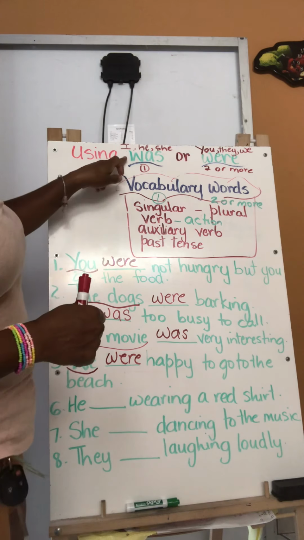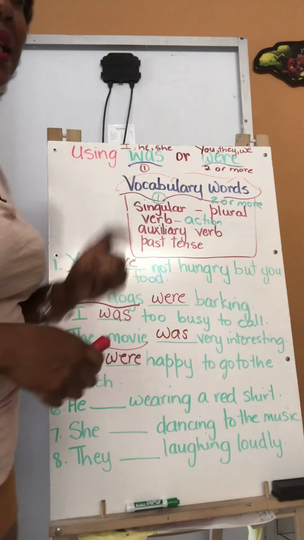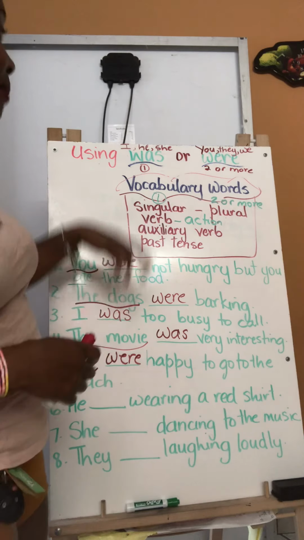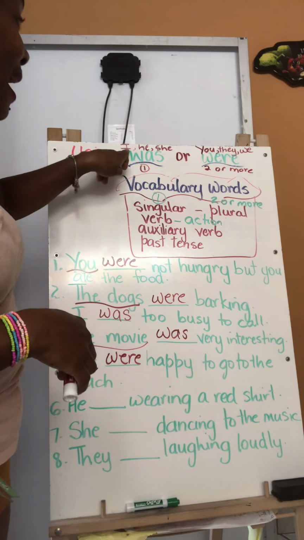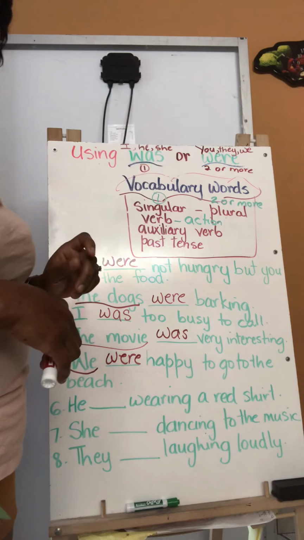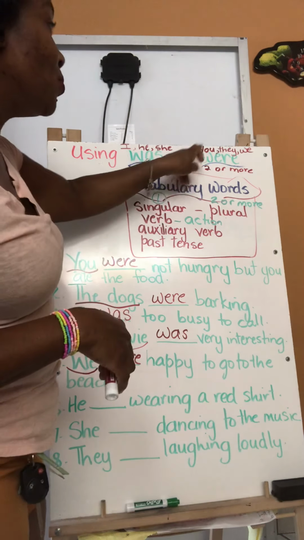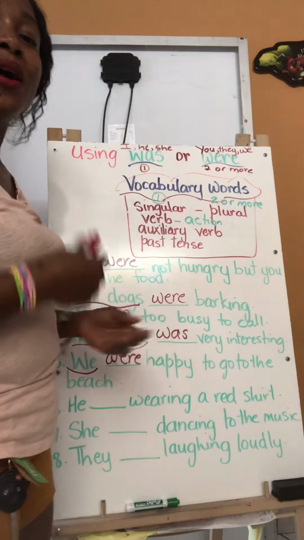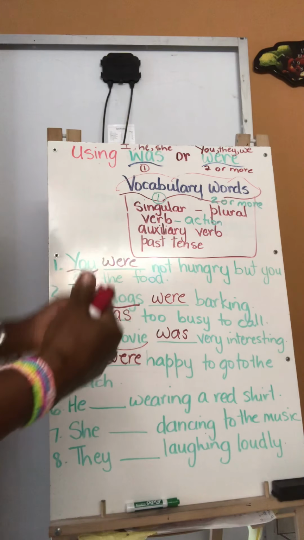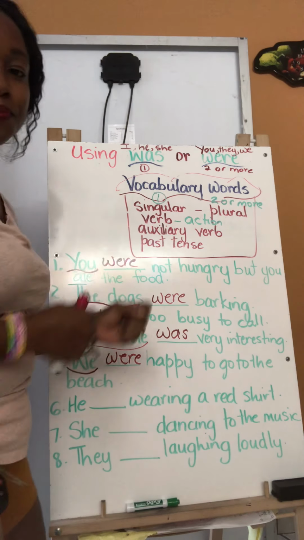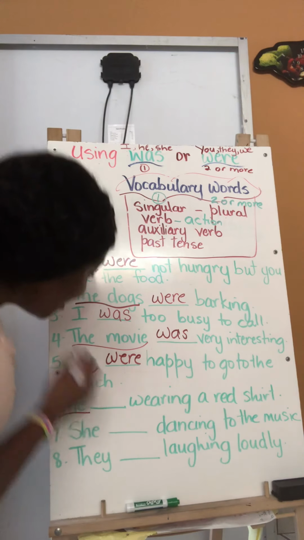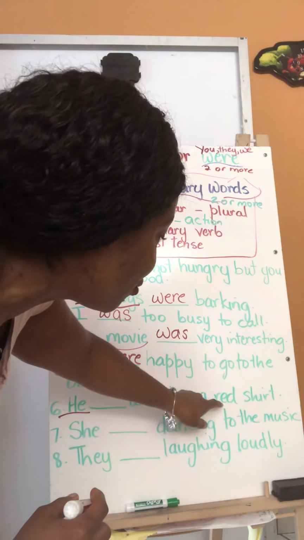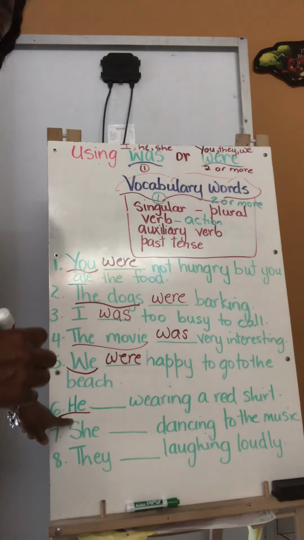Remember, was means one. So you look to see, are they talking about one person or more than one? Are they using the words I, he, or she? Or are they using you, they, we? Or are they talking about more than one? Let's see. Okay, so 6. He blank wearing a red shirt. How many?